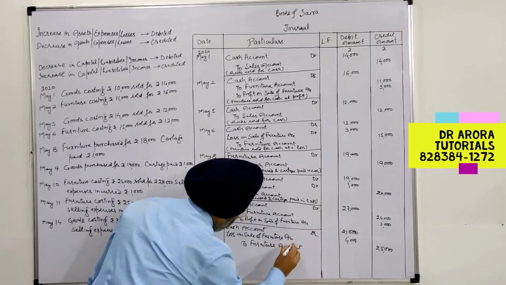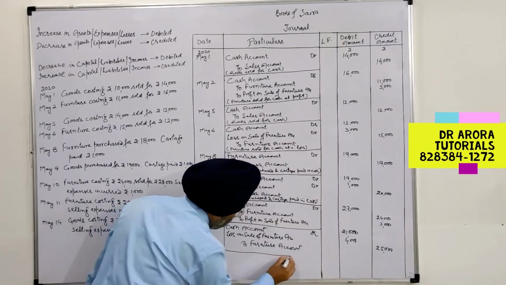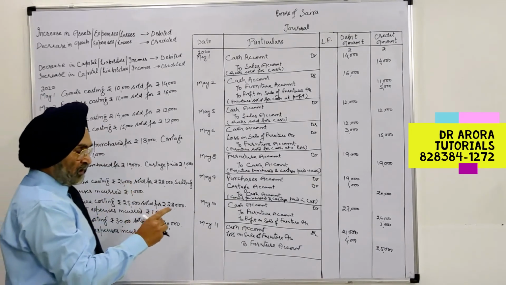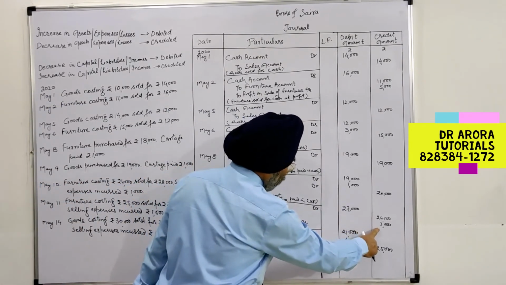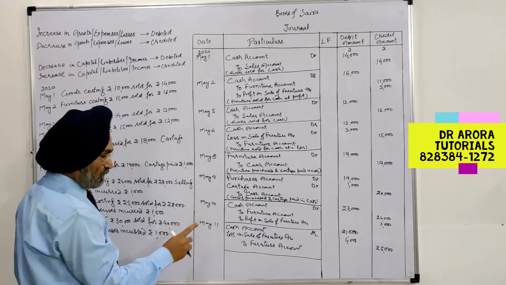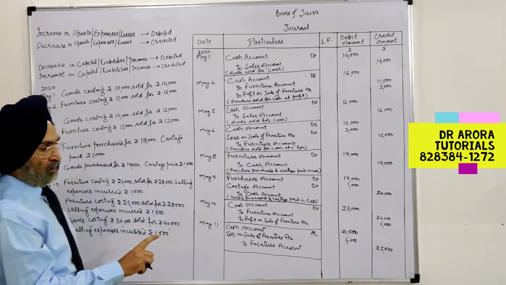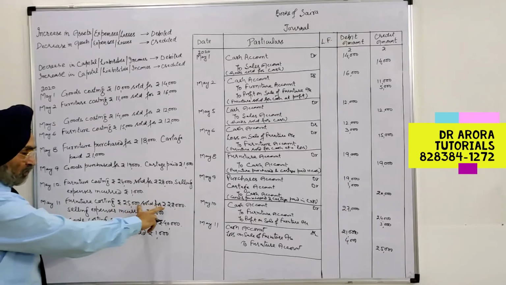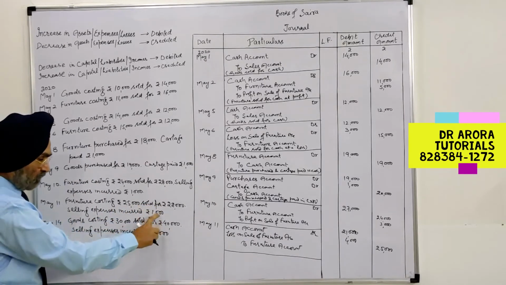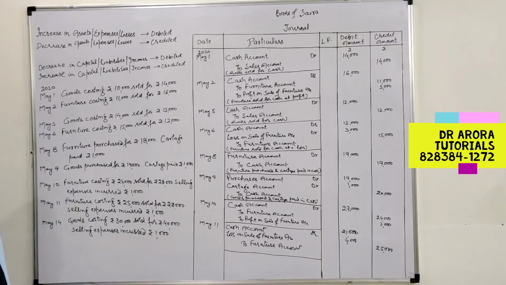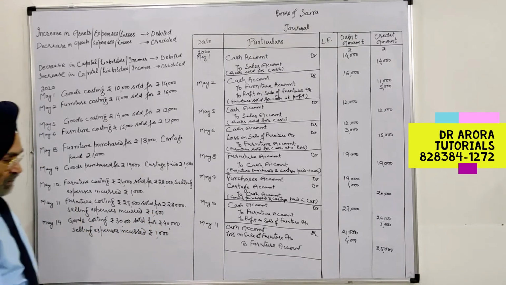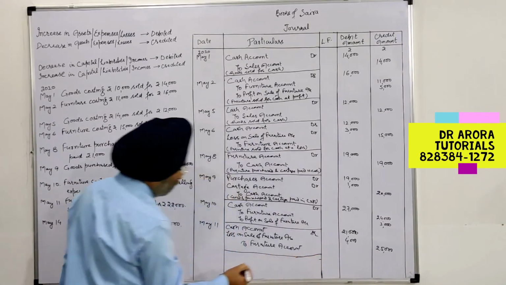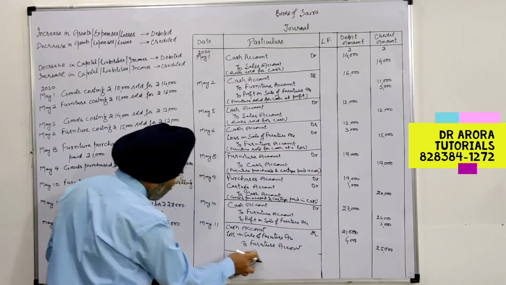So if there is any expense at the time of sale and there is a profit, that will be reduced from the profit. But if there is a loss, that will be added to the loss. The loss would have been 3,000, but because of this expense our loss will be increased by 1,000. So our loss will be 4,000 rupees.